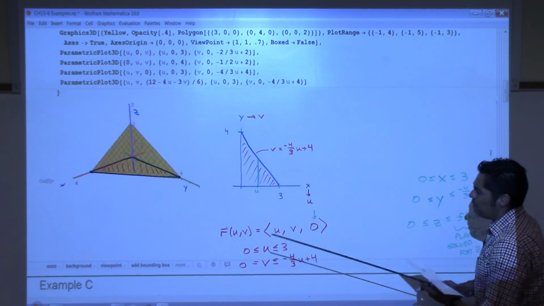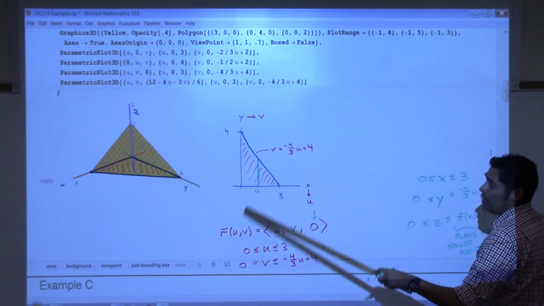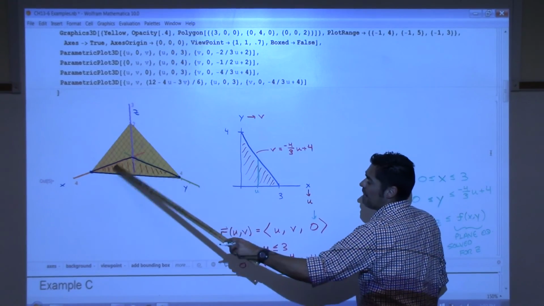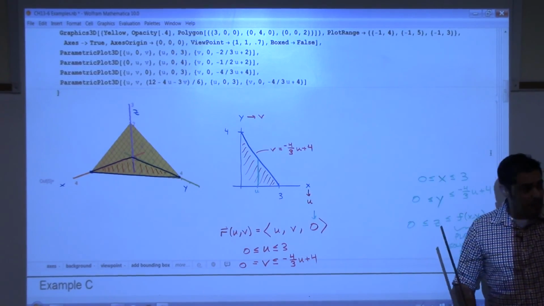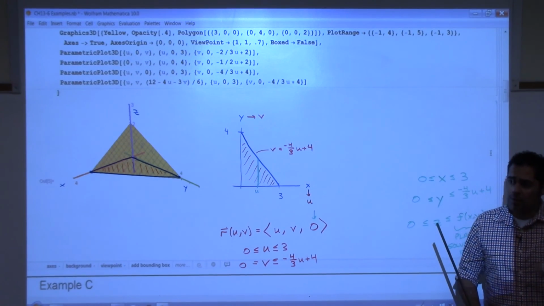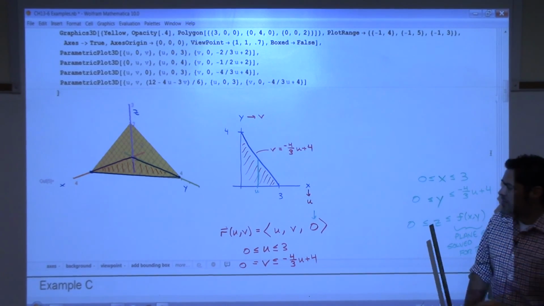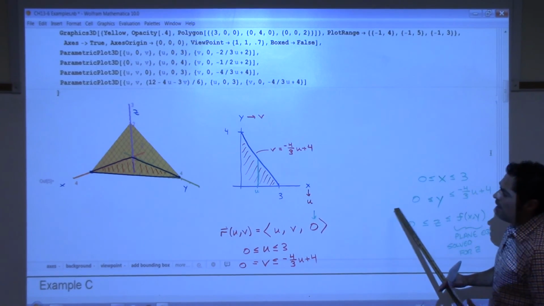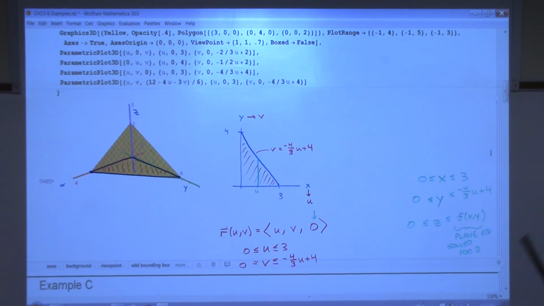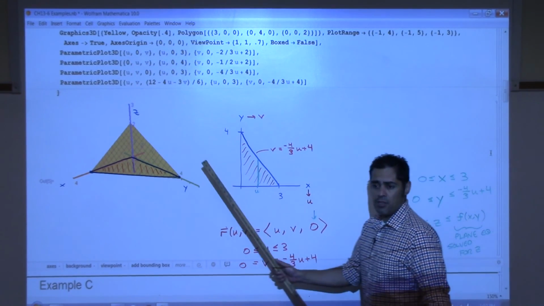Well, the only difference between this and this plane that comes in at an angle is that if you looked at it straight from the top, it would look exactly the same, wouldn't it? The only difference is the z is different. Now, I thought this might be a good time to remind you, back when we were doing triple integrals, our regions of integration were three-dimensional, right?